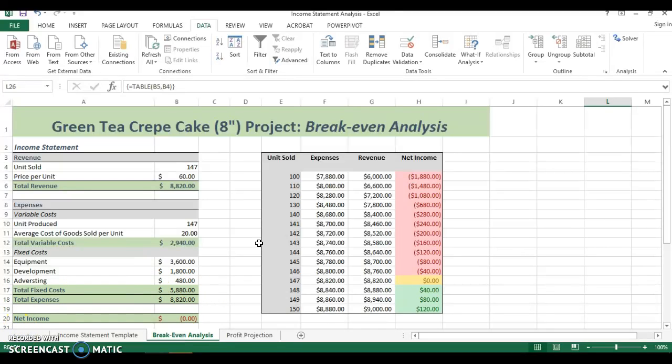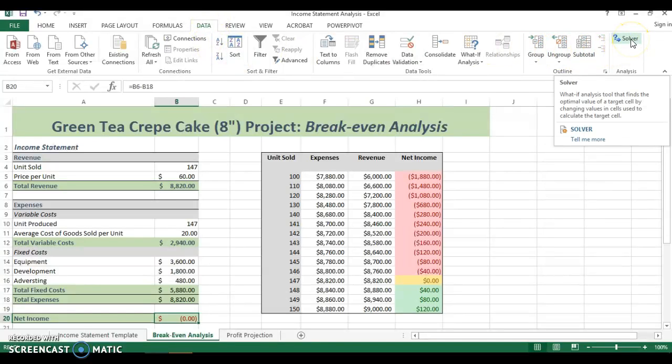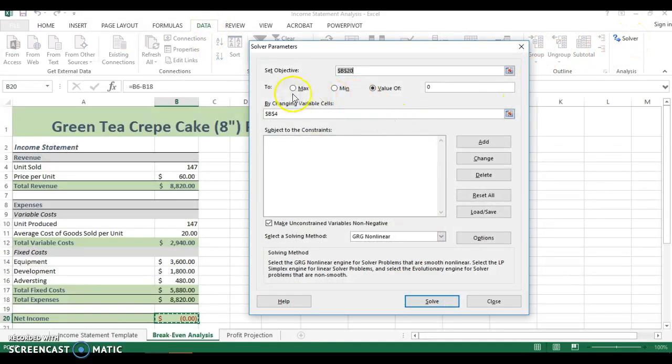Alright, to break even, we use the function called Solver. To do that, you need to go to the Data tab and look for Solver right here, and you will set your objective to the net income cell, which is B20.